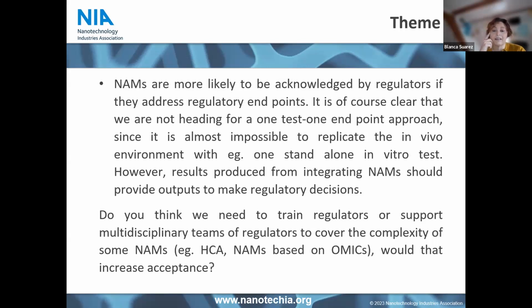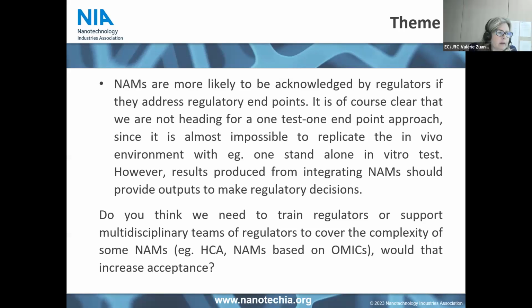I was at ECA yesterday, and I had this discussion with a regulator, and she of course fully agreed that many of them sometimes don't have the knowledge to understand these complicated NAMs, and we may be losing time and interesting ways of doing new research in toxicology. Does anybody want to comment on this?